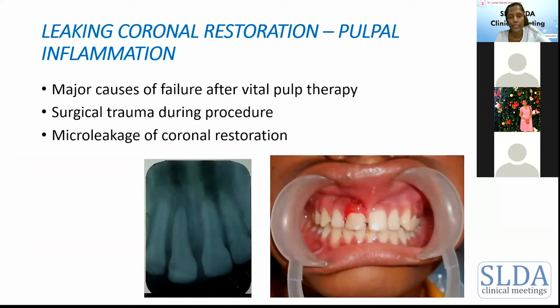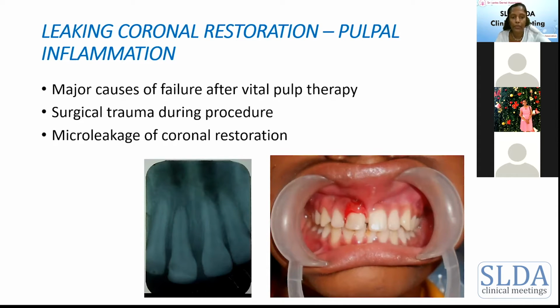You can see in this small child, who presented a few months after the trauma, that urgent emergency treatment had been done, but it is an uncomplicated crown fracture. Somebody has done the composite restoration. On the radiograph, you can see that there is a gap between the composite restoration and the tooth, as well as some early signs of periapical pathology development.